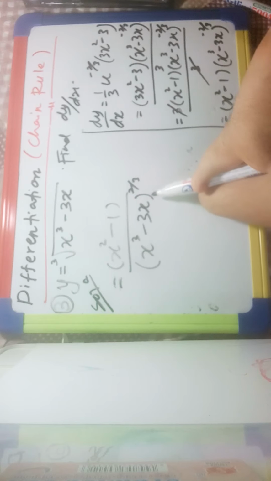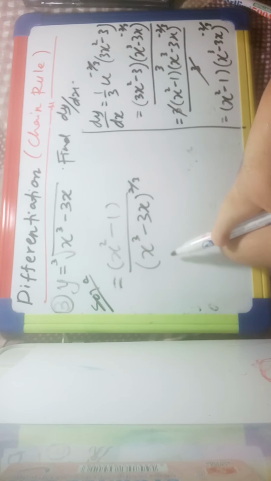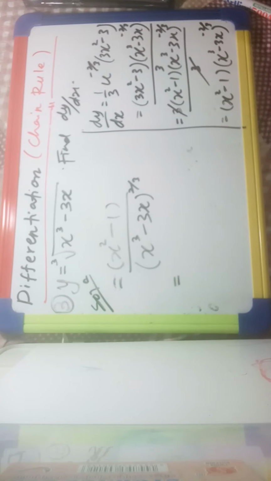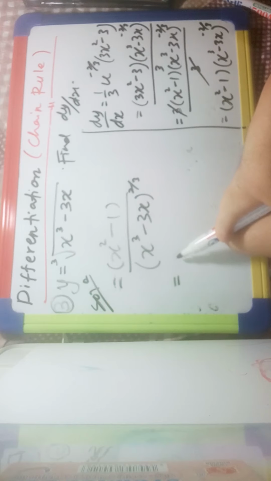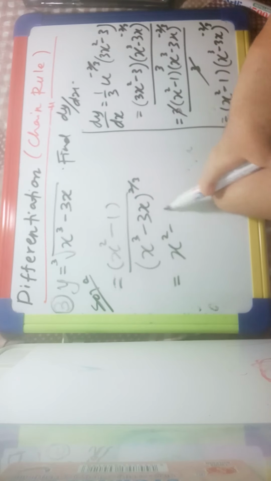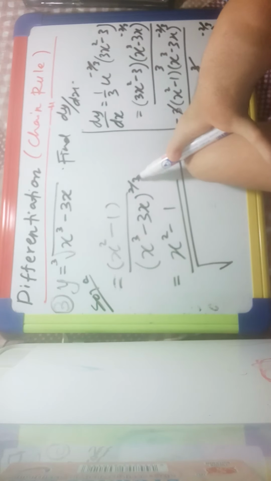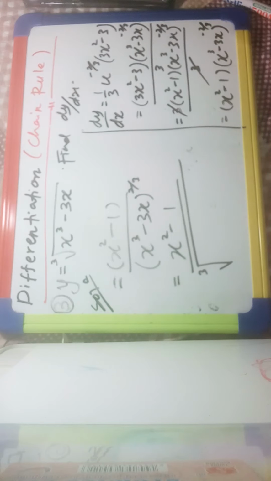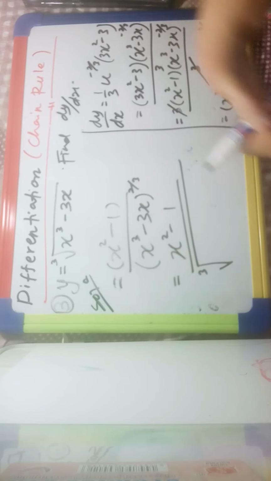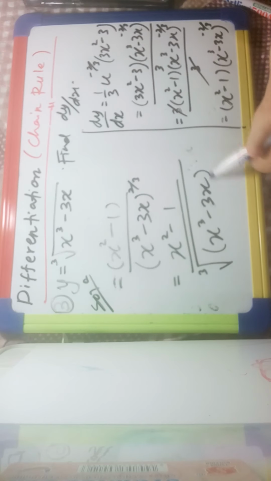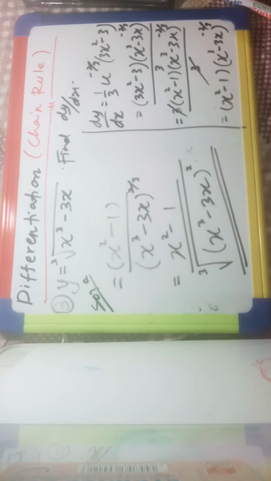Okay, and then you can also write in the form of root: x squared minus 1 over this power 2 over 3. You can do like this. This 3 meaning root 3. This 2 meaning square power 2. So x cube minus 3x square. So this is our final answer, dy over dx.